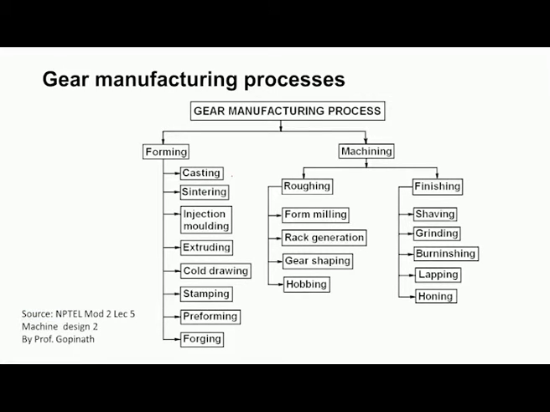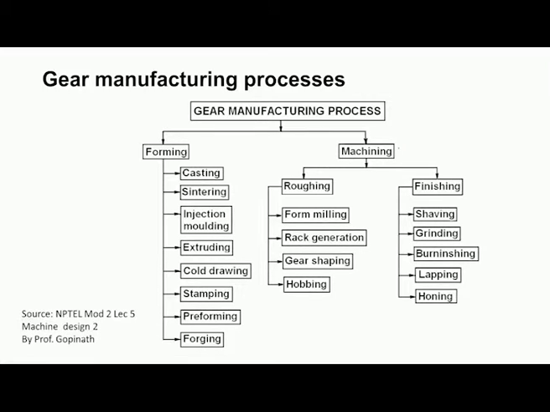Casting methods, if the gear is very big, then we can cast the big gears, and by sintering also we can make the gears. Injection molding process, extruding process, cold drawing process, and if we want very thin gears, we can stamp the gears, and preforming, forging. So, these are different forming operations by which we can make the gears.